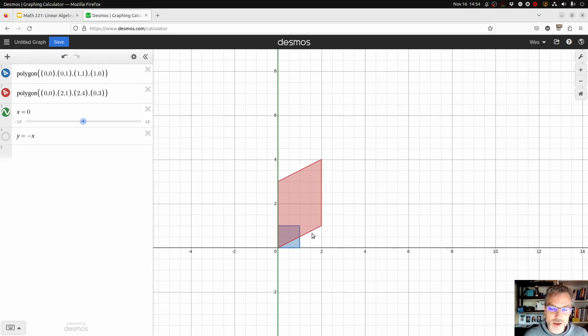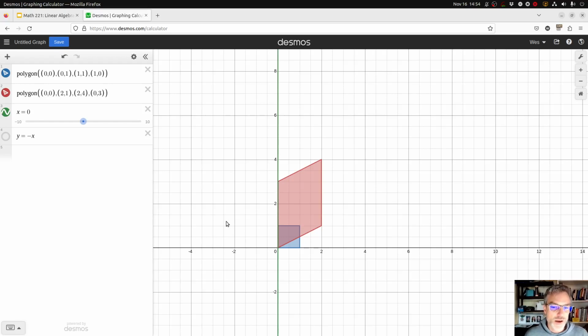And you can see that with this original unit square and its image, which is this red polygon here. You can see this edge is still in this direction. It hasn't moved away from that axis. It remains on that axis. So that's one of these invariant directions under multiplication by that matrix. It's been stretched out, but it hasn't changed direction.